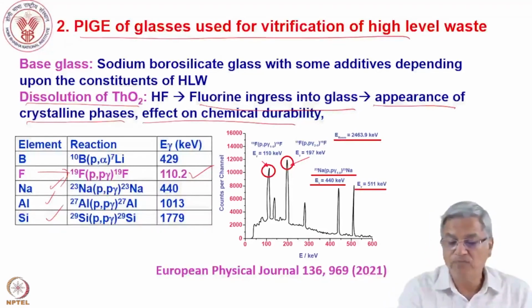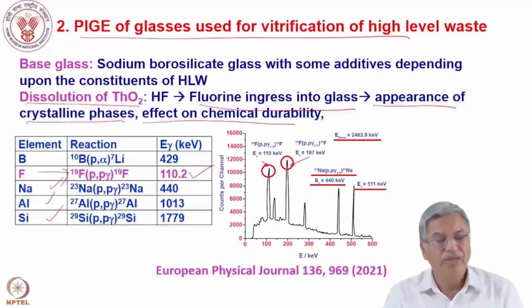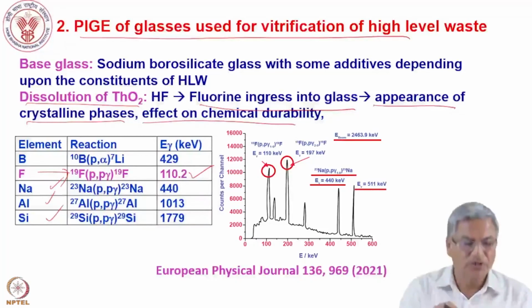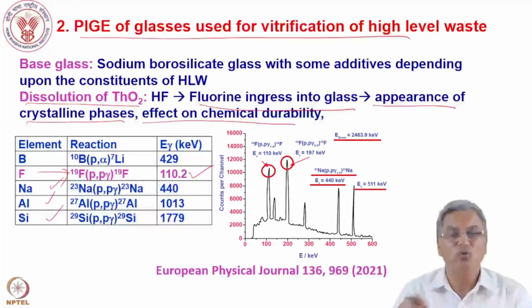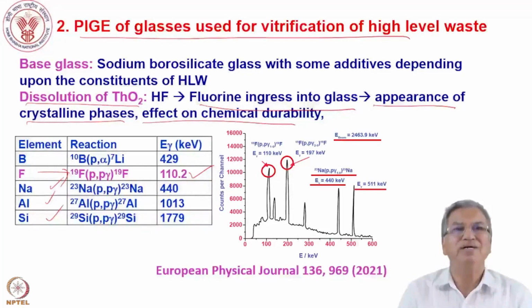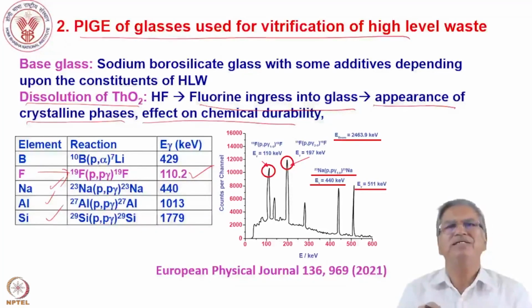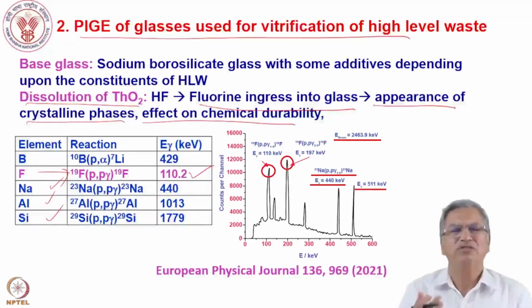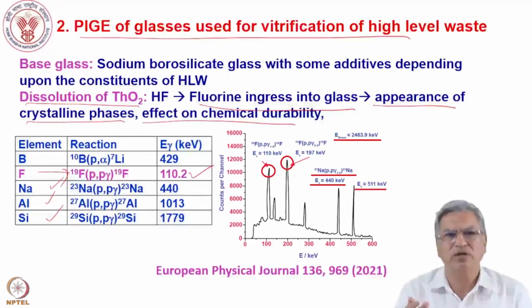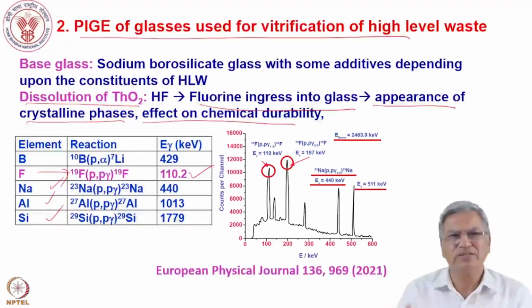So by a 2.4 MeV proton beam, you can determine the concentration of not only the constituents of the glass like silicon, aluminum, sodium, boron, you can also determine the fluorine content and thereby qualify it. There is a threshold of 1%. You cannot have more than 1% fluorine in the glass. You can quickly do the experiments and find out what is the content of fluorine in this glass matrix.